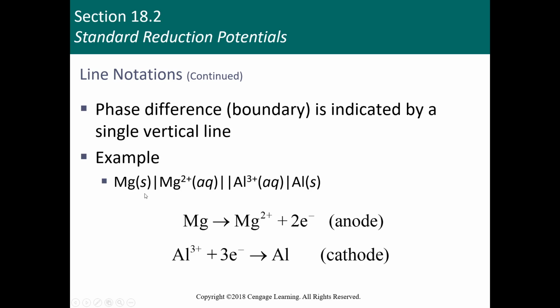So this is a great example of this, of course. Mg solid, and of course our aqueous component is Mg2+. So you can see here that our anode here is being oxidized, and that is what an anode does, right?